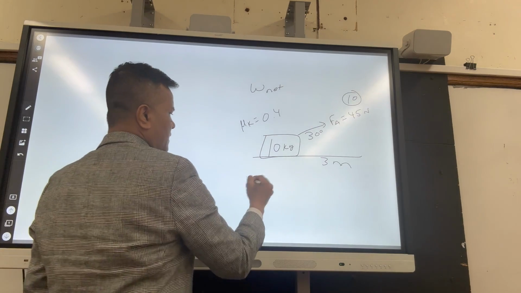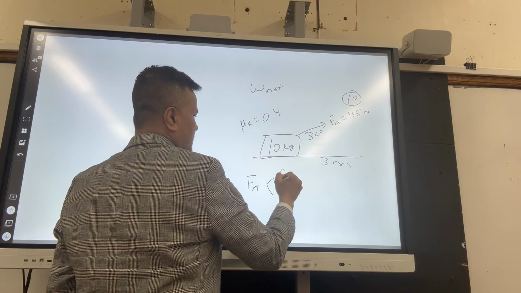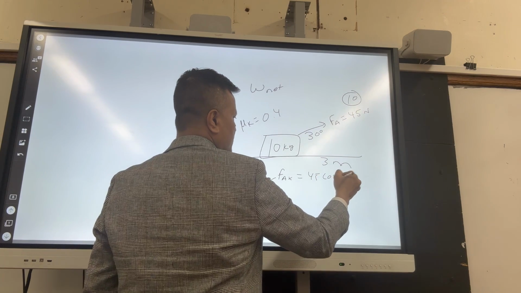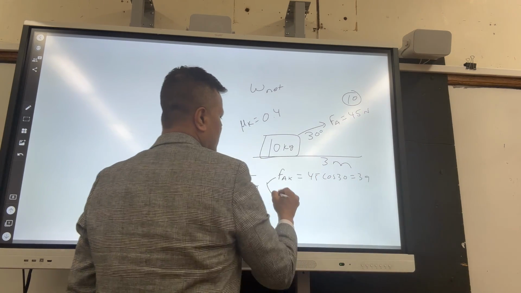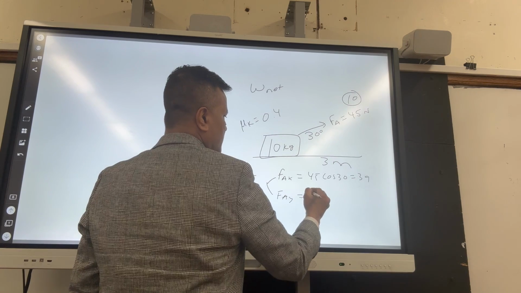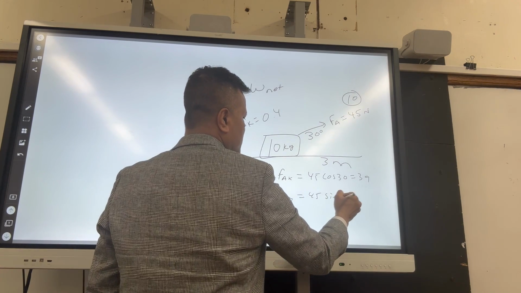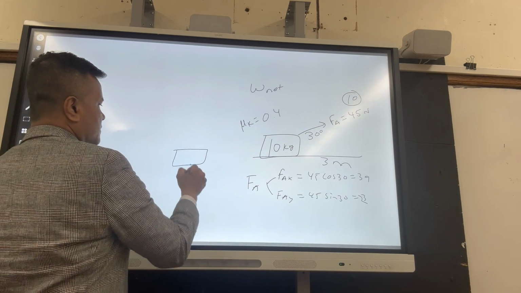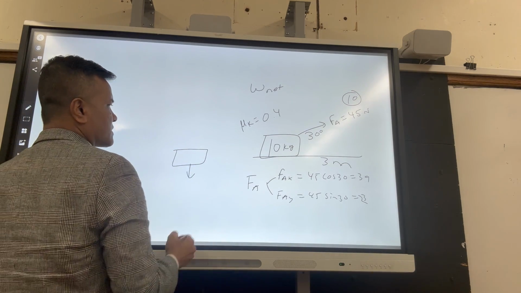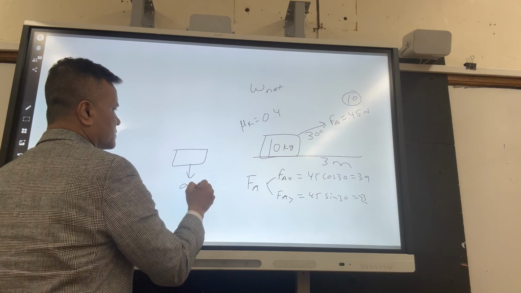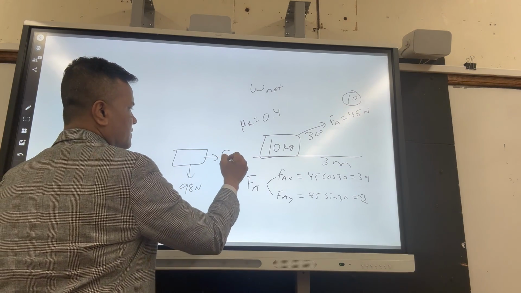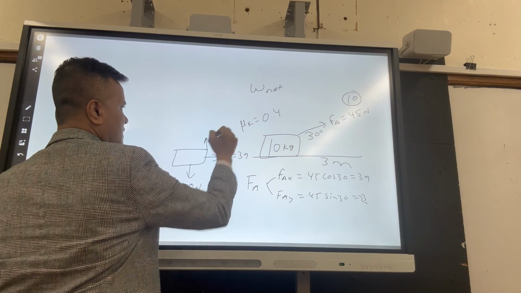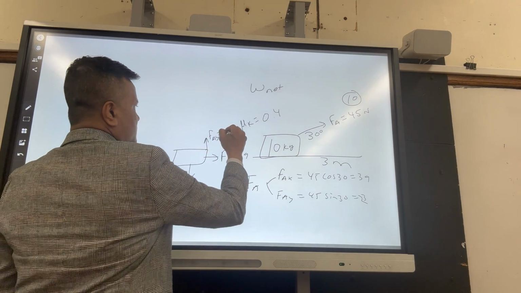All right, so FA has two components, FAx, which is 45 cosine 30, which is 39, FAy, 45 sine 30, which is 23.